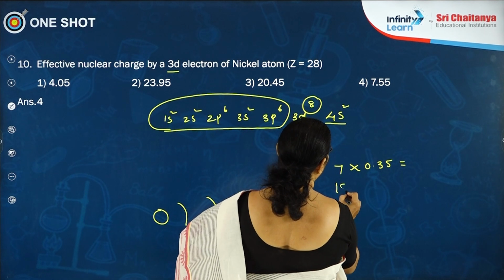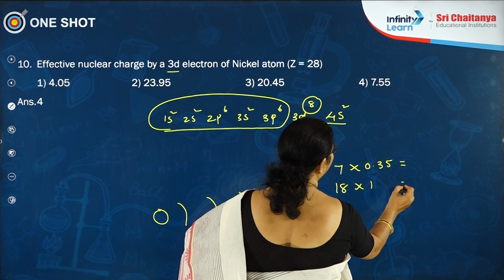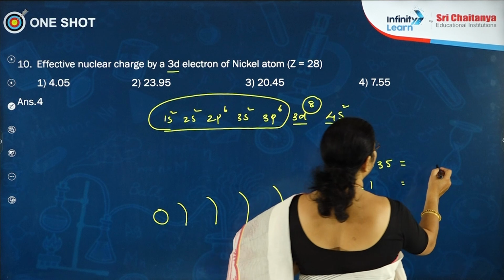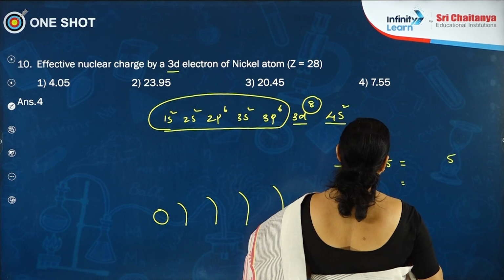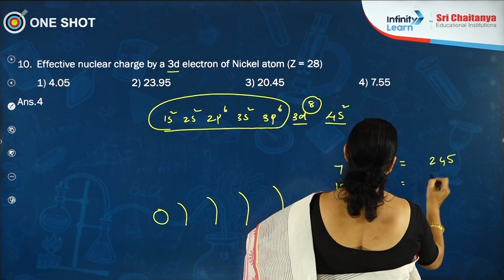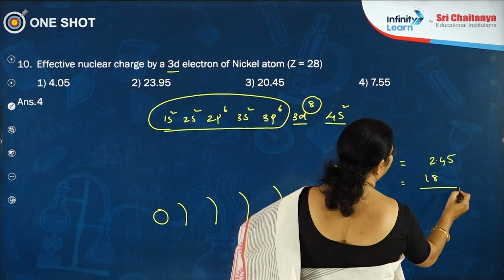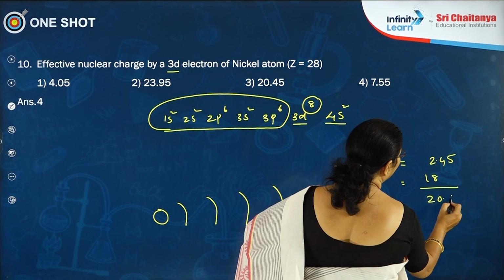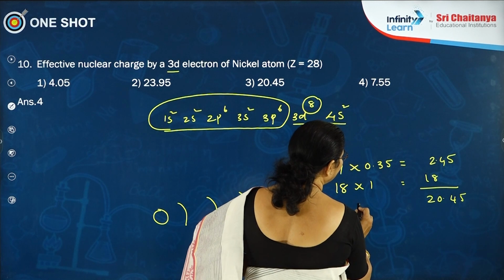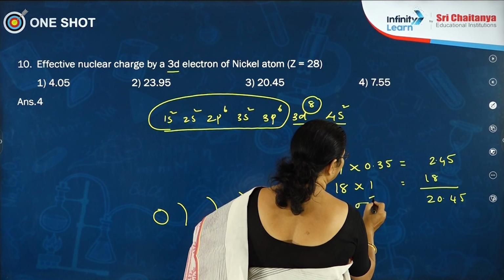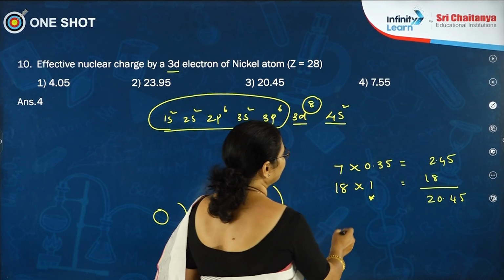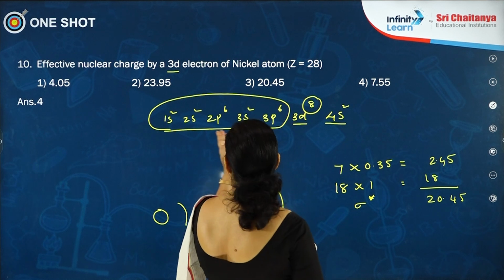So, 18 electrons into 1. Now if you simplify, 7 into 0.35 is 2.45, plus 18. The answer is 20.45. This is nothing but sigma star, the screening constant.